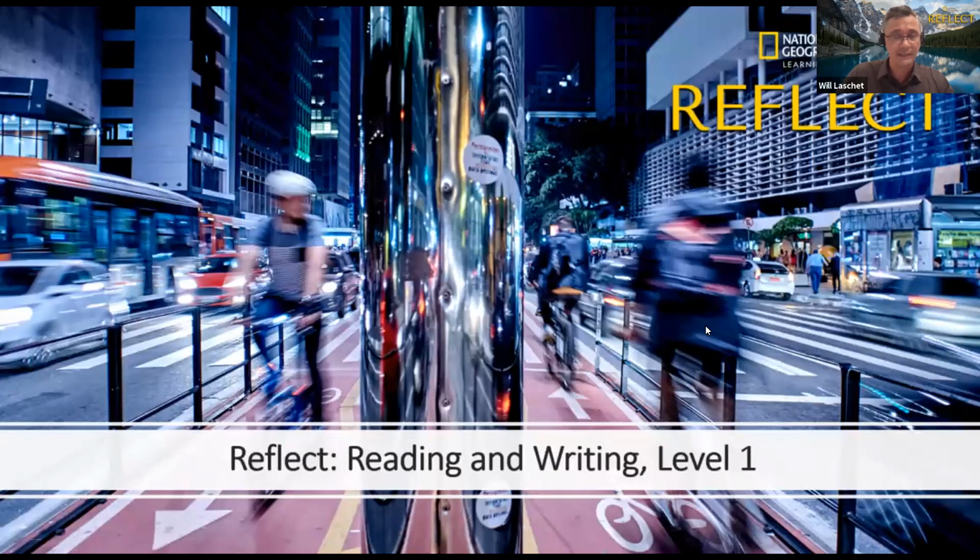I think there are lots of excellent features. Today we're going to be using a unit from level 1 of the reading and writing strand. It is designed for A1 CEFR level students, so that's beginner or elementary level students, maybe at secondary school, at college, or at university.